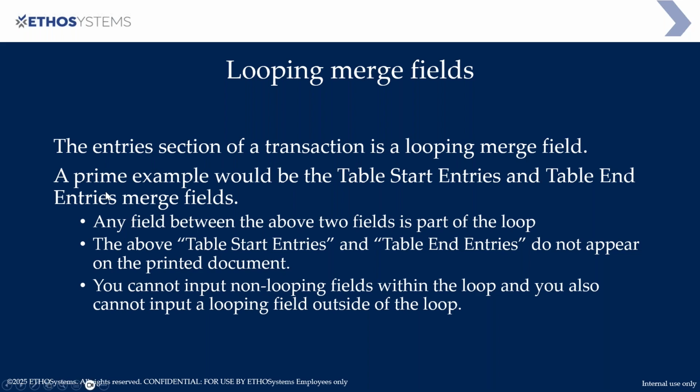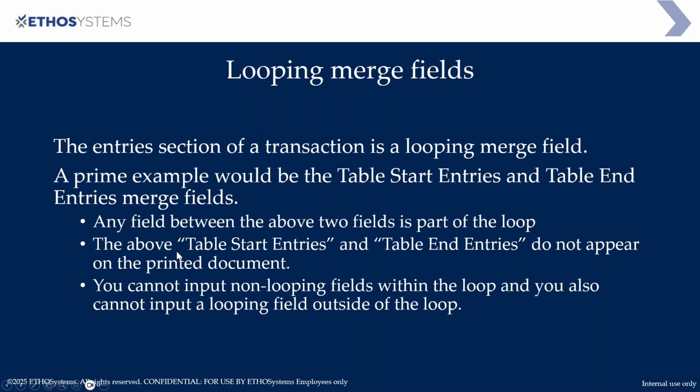Okay, so a prime example would be the table start entries and table end entries merge fields. This indicates to your Word doc template that it's a looping merge field. Any field between the table start and the table end entries is part of the loop.